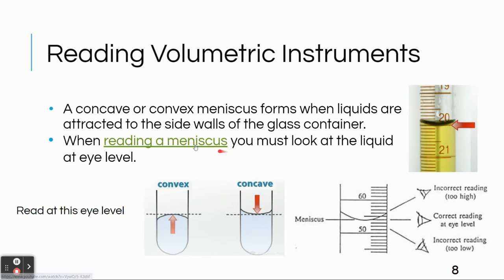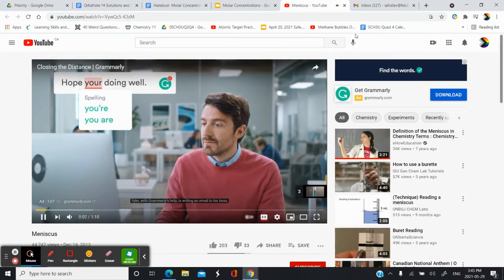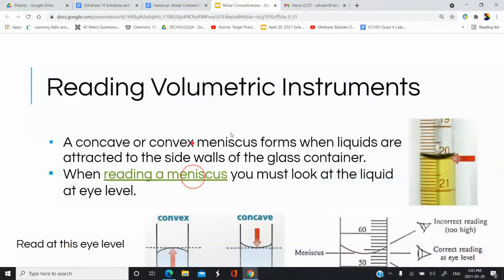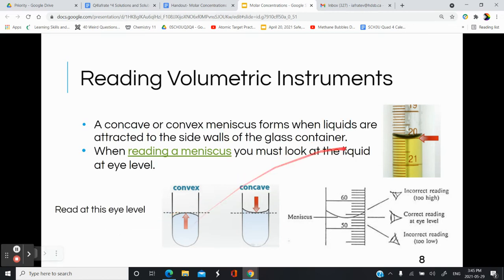If you click over here, there's some activities and a video on how to read a meniscus. I do want you to watch that so you can get experience reading a meniscus, especially when you go back to do some real hands-on labs in person at some point. You'll need to know how to read a meniscus. So get some practice.